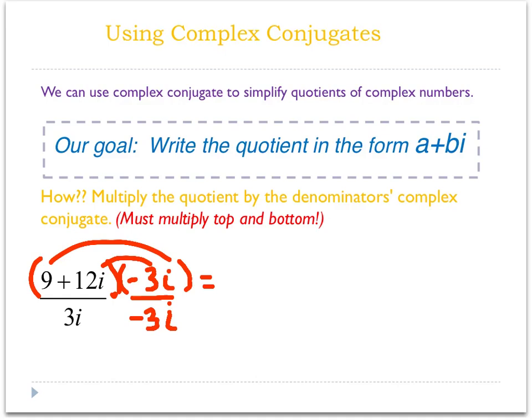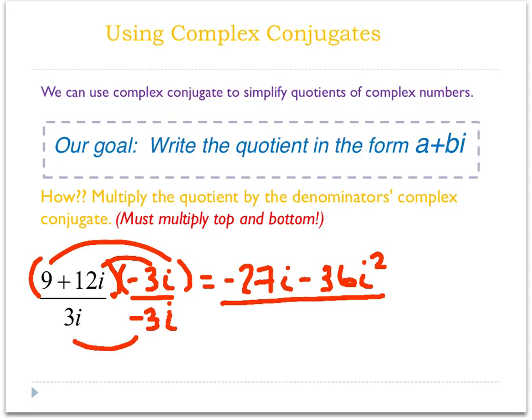So distributing that, 9 times negative 3i is negative 27i. And then 12i times negative 3i gives me negative 36i squared, right? Don't forget i times i is i squared. On the bottom here, I have to do 3i times negative 3i. Well, that's going to give me negative 9i squared.